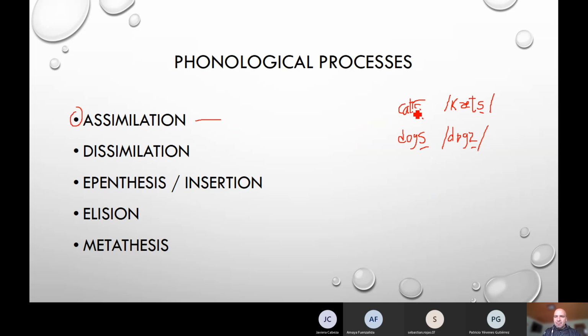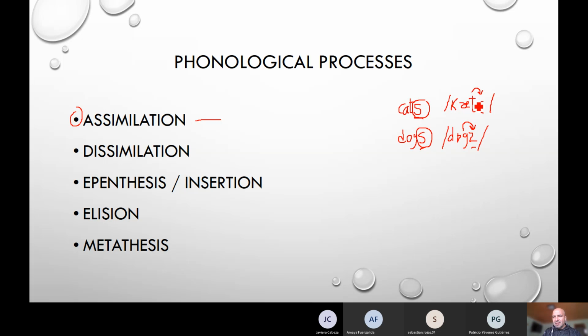If you look at the spelling, it's exactly the same thing, right? It's exactly the same letter. But when you pronounce these, this t is affecting the following sound, and this g is affecting or influencing the following sound. In which way, you may ask.